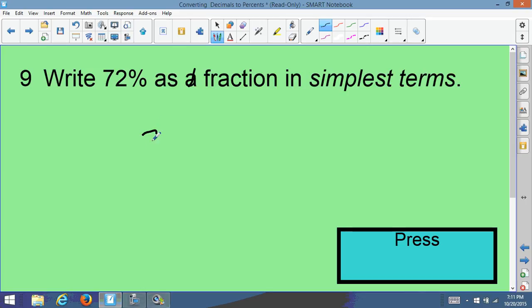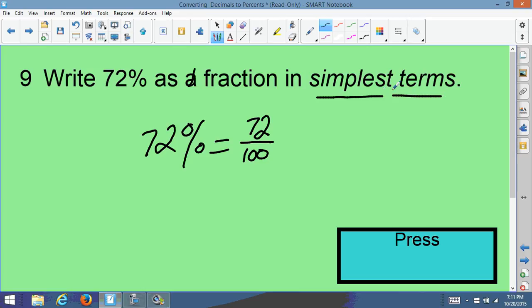Okay, 72%. So we're going to write it as a fraction. We take the number that's next to the percent and write that as the numerator. Then step 2, the denominator is 100. That would be our answer, but they said put it in simplest terms.